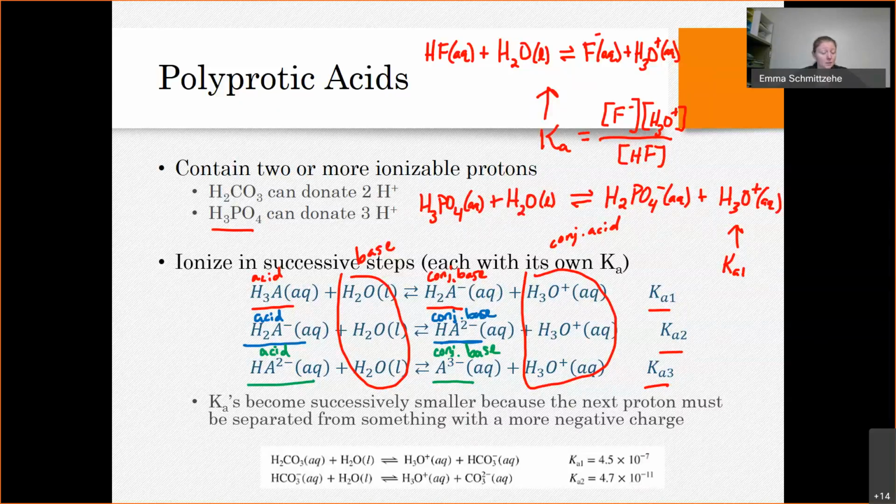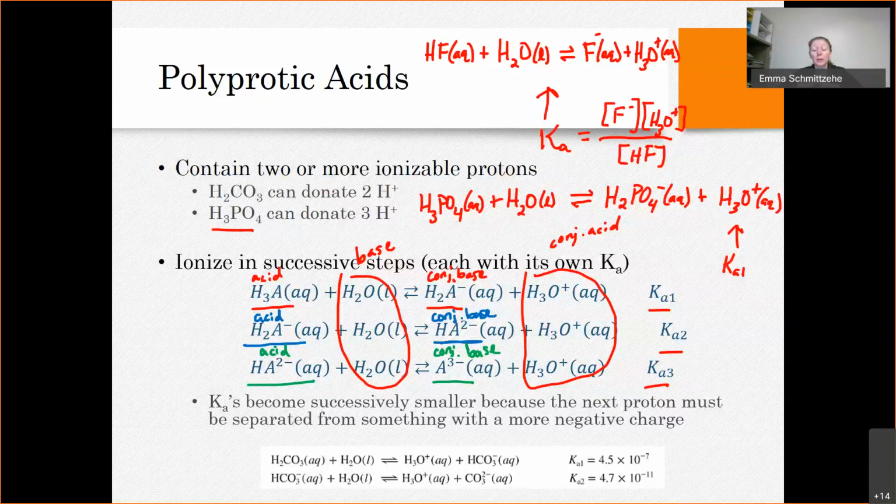And a weak acid does not ionize very much, okay? So the majority of a weak acid in solution is the substance still put together. So there's not a lot of H+ produced, and there's not a lot of its conjugate base in solution. So that ratio of the products to reactants is going to be a very small value. Okay, so your Ka values are always very small.